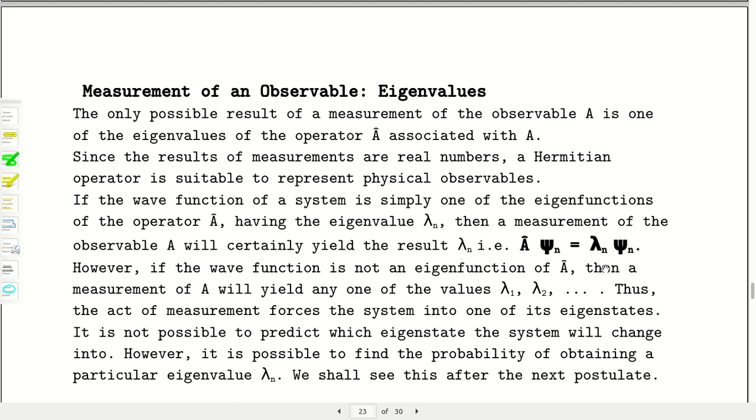If you set an experiment for the third excited state or third state, that is psi 3, or for the eigenvalue lambda 3, you will get that. But theoretically all states are possible, so you should take all states at a time.